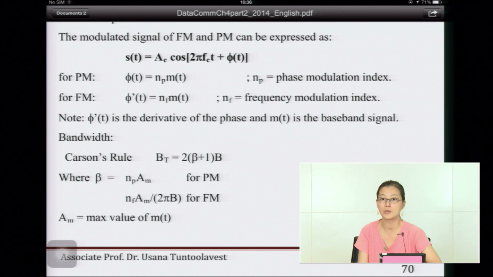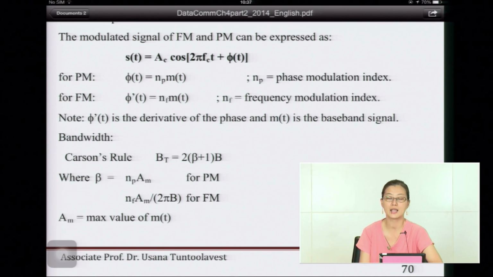So in this data communications and network 1 class, I will just go very briefly over the fact that both FM and PM signals can be represented by the angle modulation formula, which is s(t) equal to A sub c, the amplitude of the carrier, which is constant, multiplied by cosine of 2 pi f sub c t plus phi(t), okay, where phi(t) is the phase as a function of time. So for PM, the phase is n sub p multiplied by m(t). m(t) is the baseband signal, and n sub p is the phase modulation index.